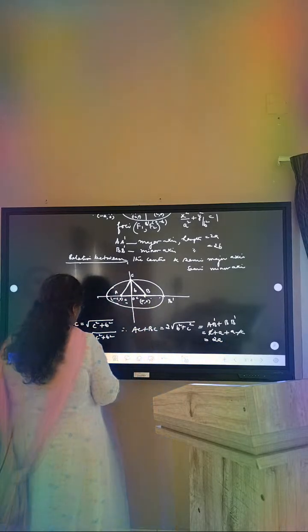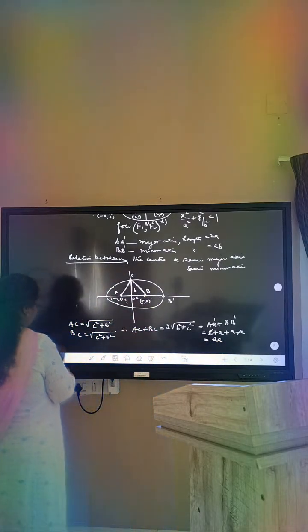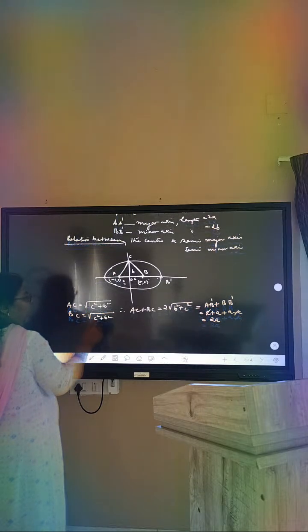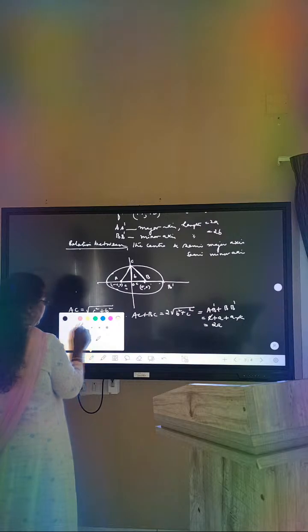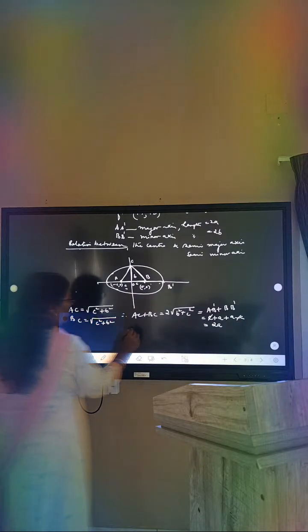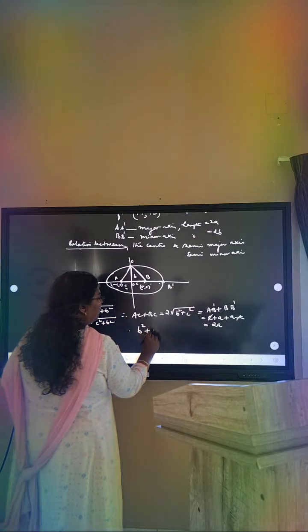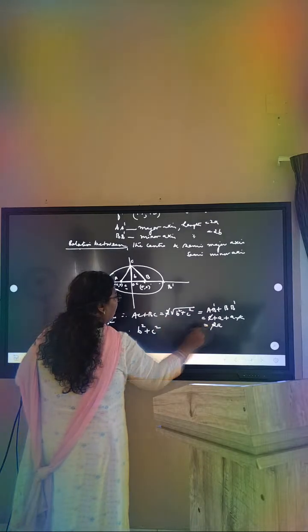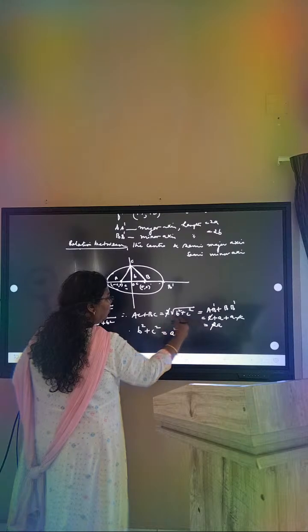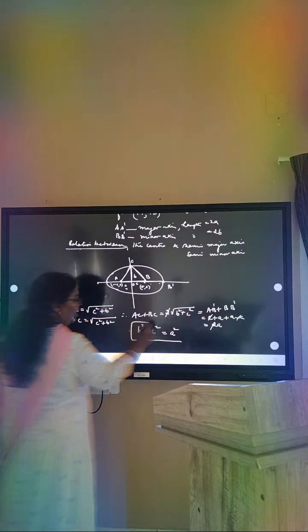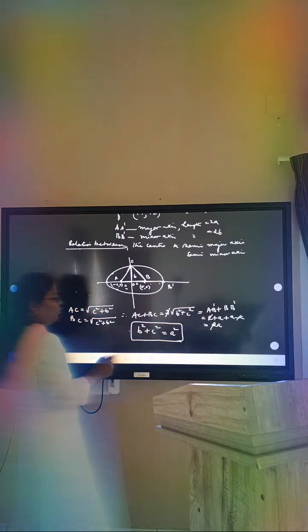And therefore, it gives a relation. What relation? The 2 can be cancelled, and taking square on both sides, your B square plus C square is equal to A square.